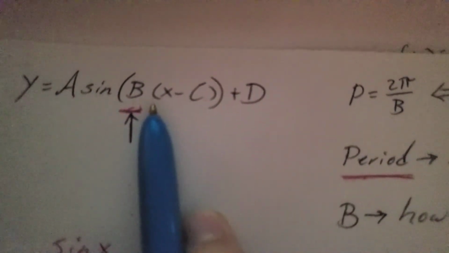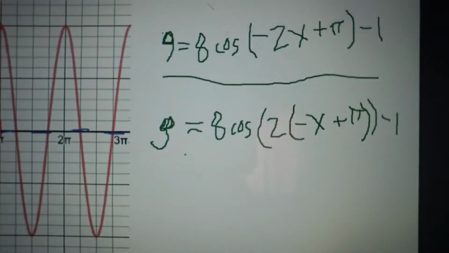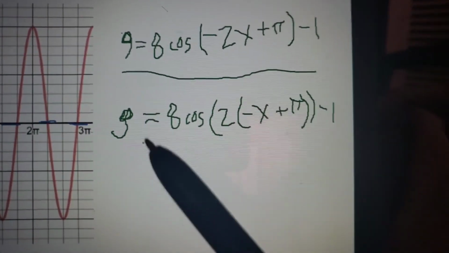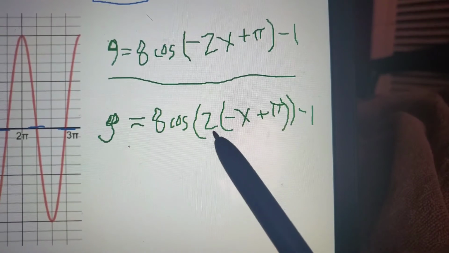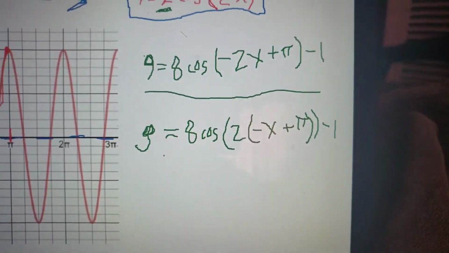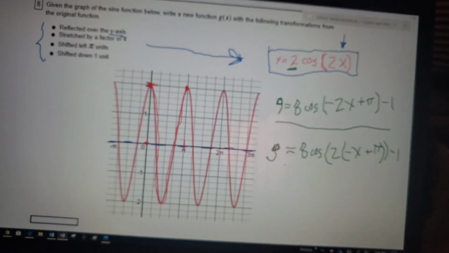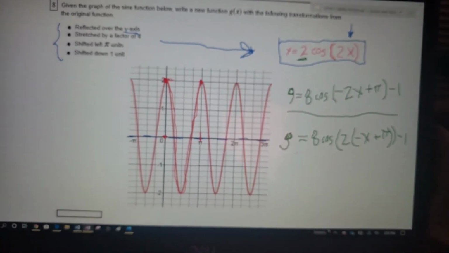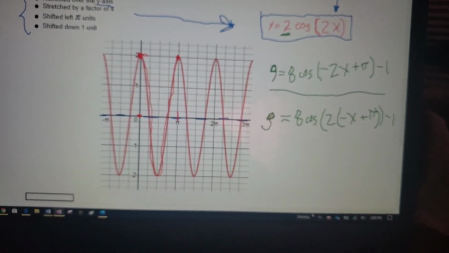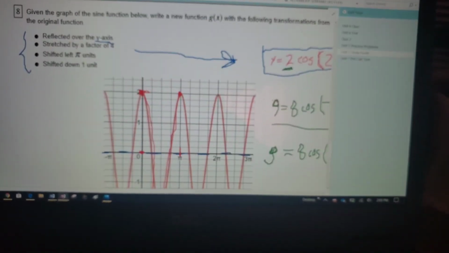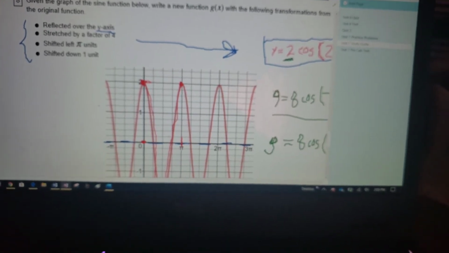That's why I rewrote this one to have b outside of the parentheses. All right, so this was the third problem from the study guide. That's pretty much it for those three, along with the explanation.